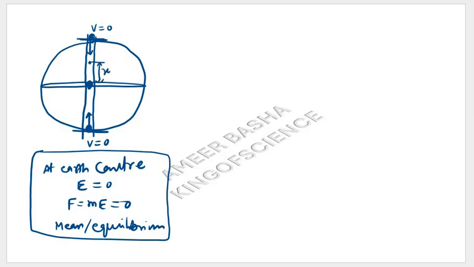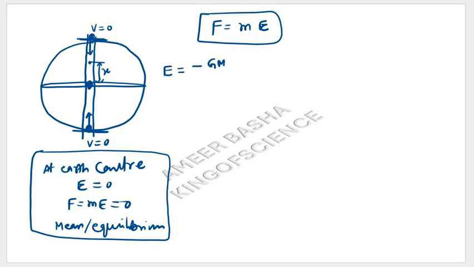Then what is the force acting on the particle there? The force will be acting toward the center, which is opposite to the displacement. The force is given by mass multiplied by the gravitational field. What is the gravitational field inside? The gravitational field inside is given by minus GM divided by R cube into x.